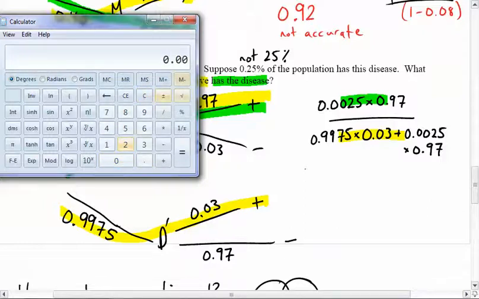So I'll do the denominator first. So there's actually 3% of the population almost who test positive even though they don't have the disease.